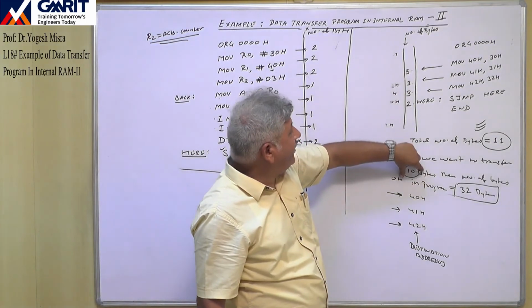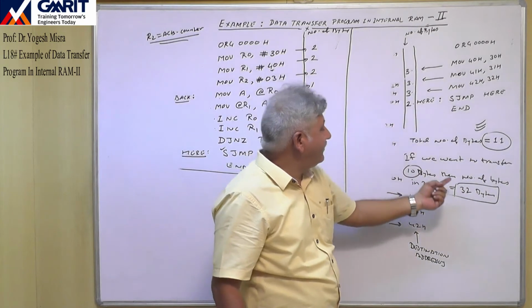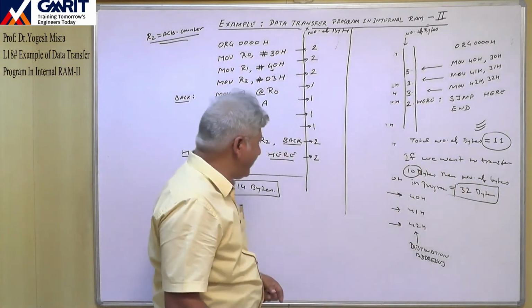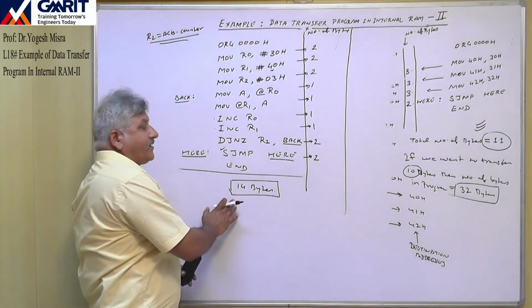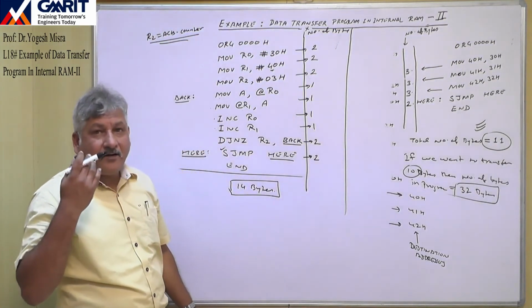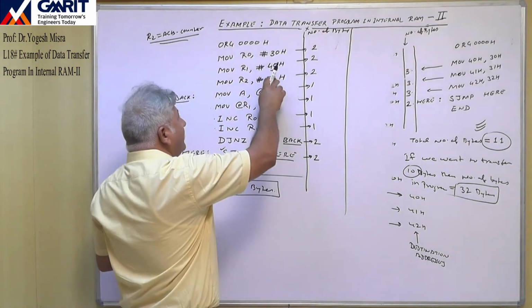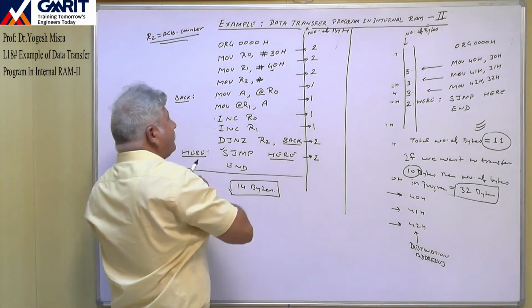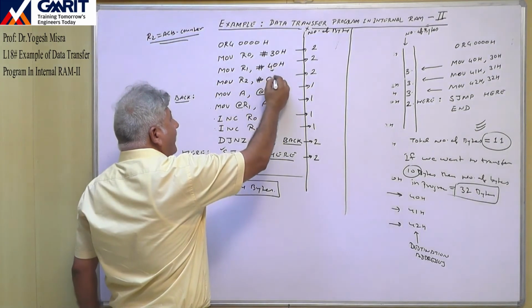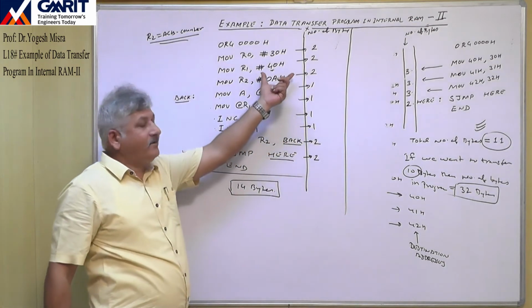To transfer 10 bytes we require 30 bytes of instructions. In the last, for SJMP we require 2 bytes. That's why it is a 32 byte program. Whereas in this case, if we want to transfer 10 bytes, then simply in our program, in this counter, in place of 03, we will write 0AH. 0A indicates 10.